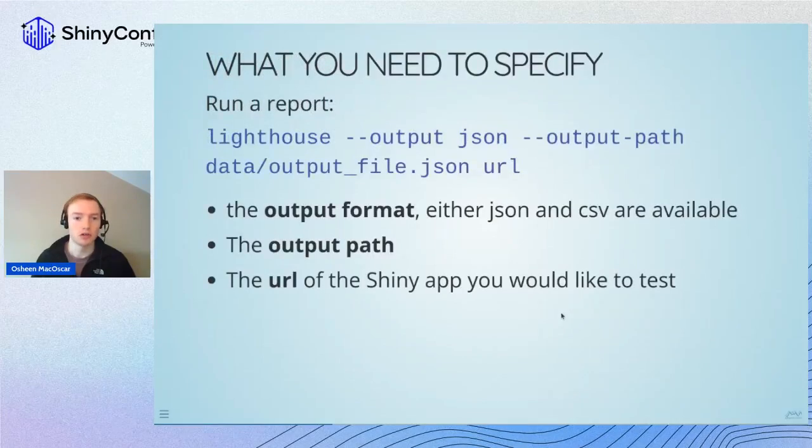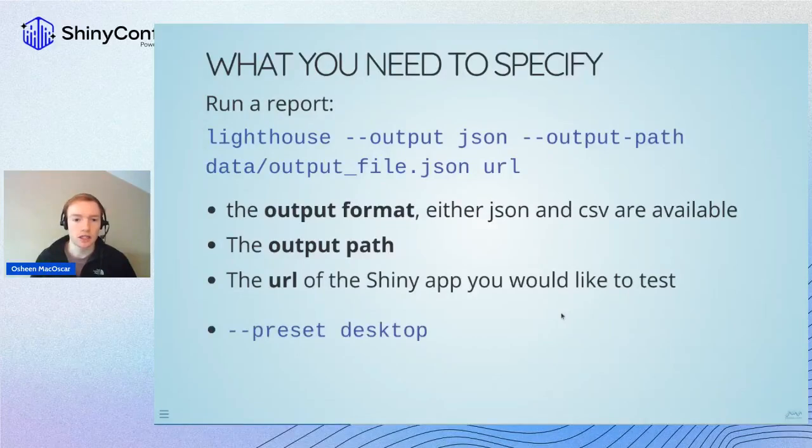Then to actually run a report, you use this snippet of code: lighthouse, then you specify the output format, mainly JSON or CSV, then the output path where you want the report file to go, and then the URL of the Shiny app or web page you'd like to test. This can be an app hosted on Posit, shinyapps.io, or something like that. Or if you're testing an internal app, the internal URL, or for a local app, the localhost URL provided to you upon running the app.